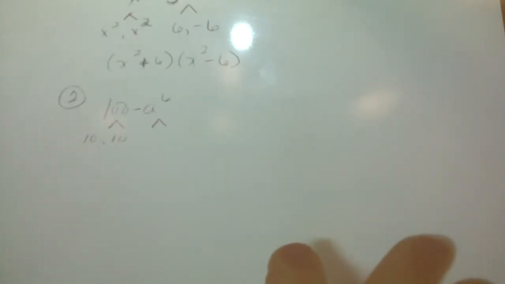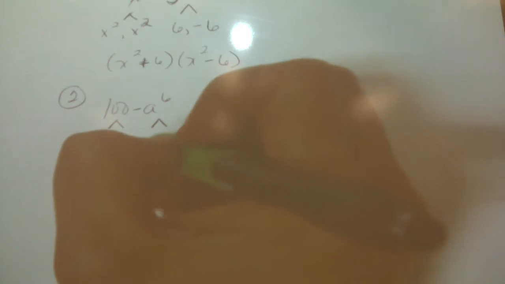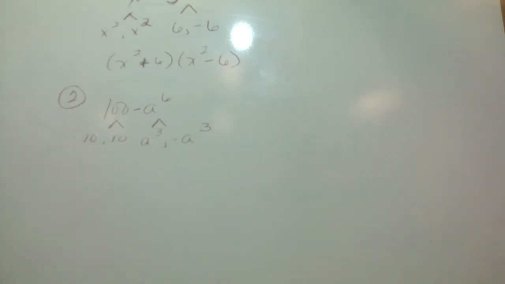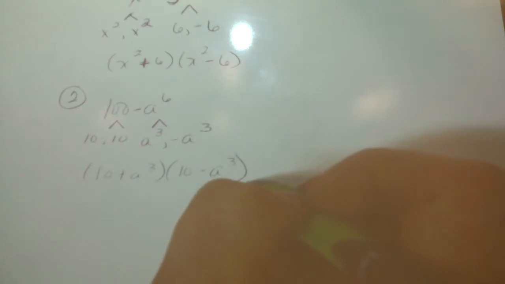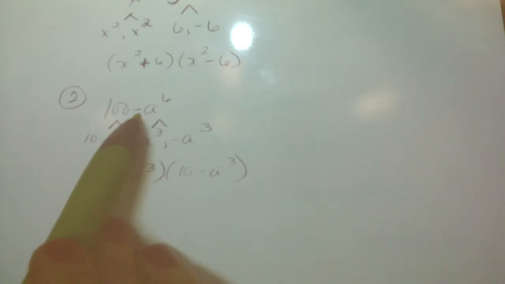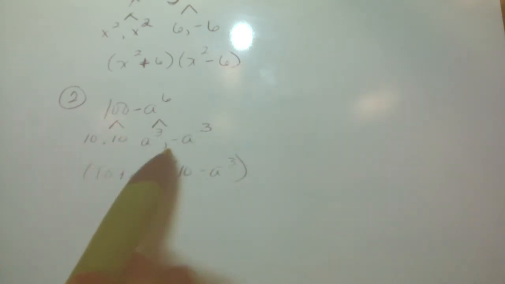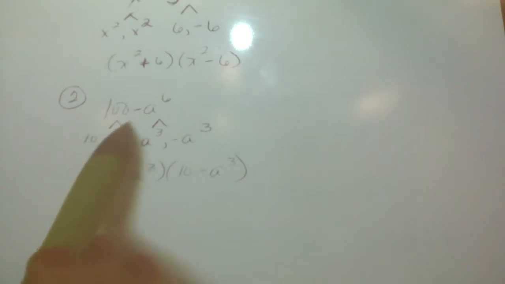What times itself is going to give us a to the 6th? So it's a cubed. I just get into the habit of putting the second term as the negative. You could put it the first term, it doesn't matter. So I've got 10 plus a cubed, 10 minus a cubed. Whatever's the minus, that's where one of them is going to be negative. It's not always going to be the number. It depends on what this problem looks like.